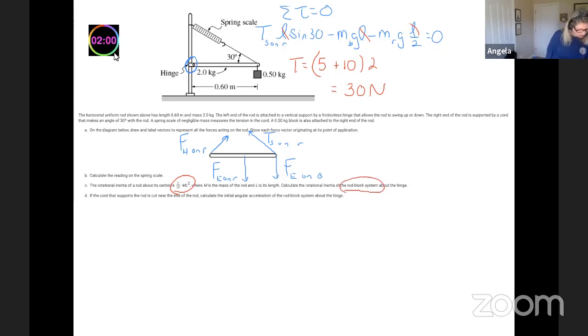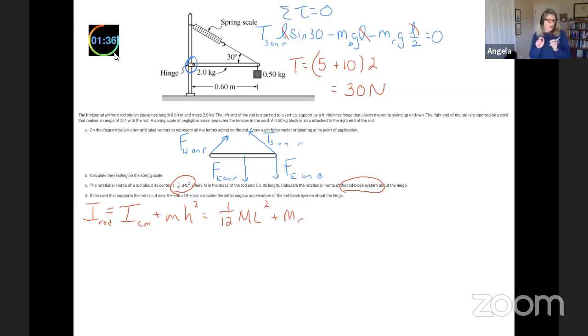Okay, so now we need to use the parallel axis theorem. So we're going to do the rotational inertia about the center of mass plus m h squared. And h is the distance from the axis of rotation to the center of mass. So we're going to do the 1/12 that we were given plus the mass of the rod.